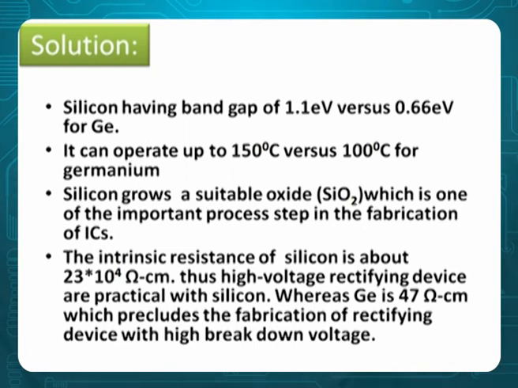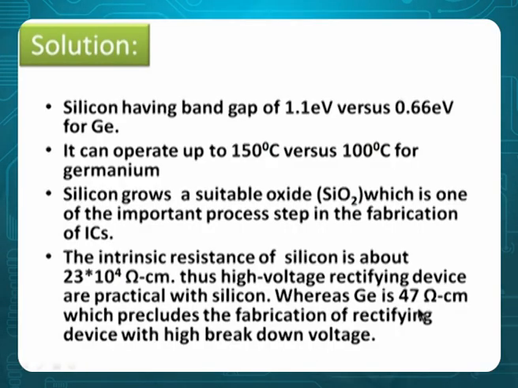And lastly, one thing you must understand, the resistivity. For silicon, the resistivity is 23,000 ohm centimeter. Very high resistance. Whereas for germanium, it is 47 ohm centimeter. 23,000 is very high. When the resistivity is very high, it cannot conduct. Not conducting is a good point because it can withstand noise.